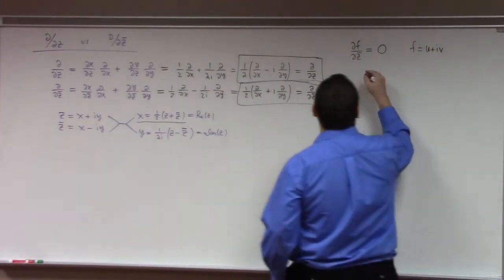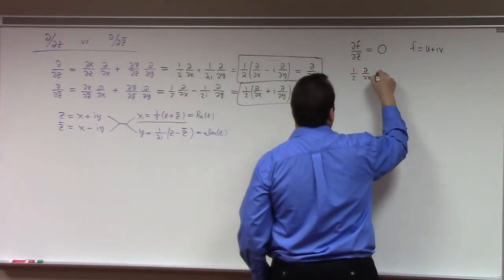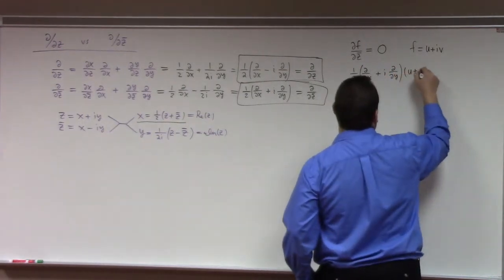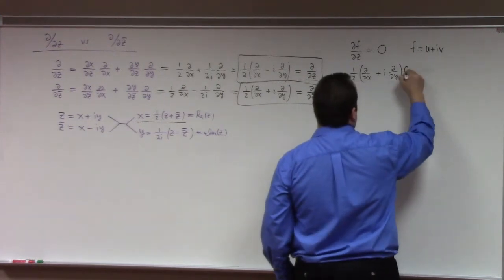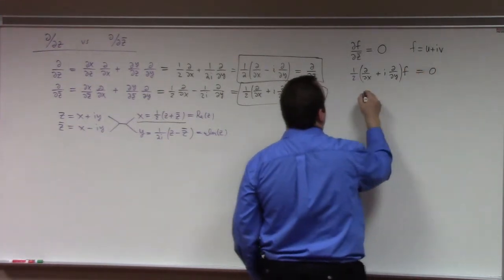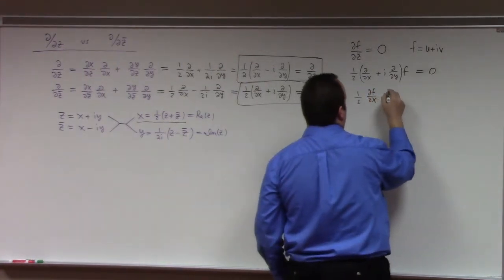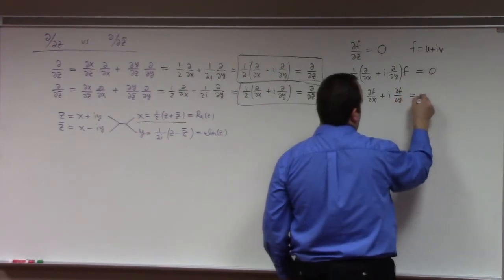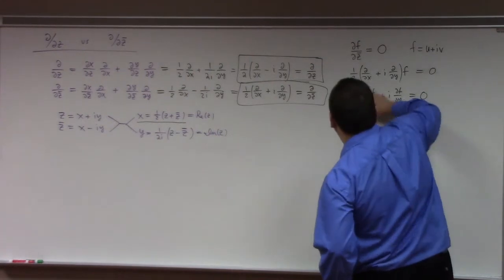So this is 1/2 (partial x plus i partial y) applied to f equal to 0. What's that say? That says partial x plus i partial y is equal to 0, right? I can get rid of the half.